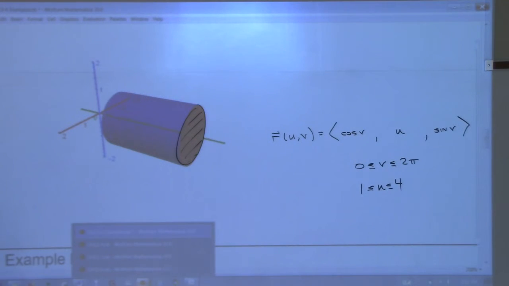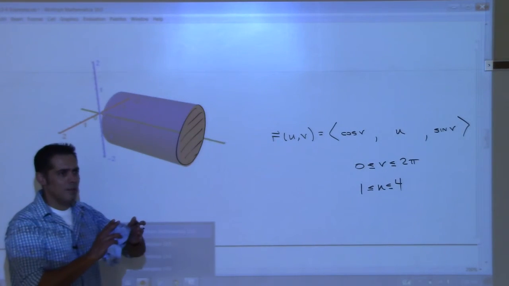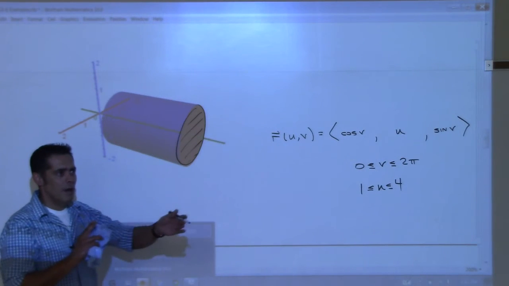Looks to me like it's pretty much the first example we did, just with a different radius. Our radius is actually going to go from where to where on this one? 0 to 1.